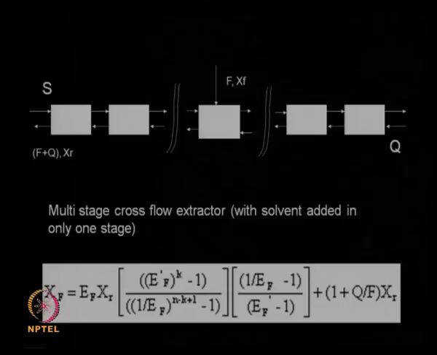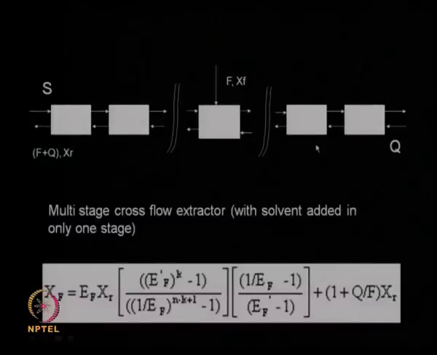So again this equation can be used for many purposes. We can calculate how many stages I require if I want to extract a solute from a concentration of XF to XR, if I know XF and XR.